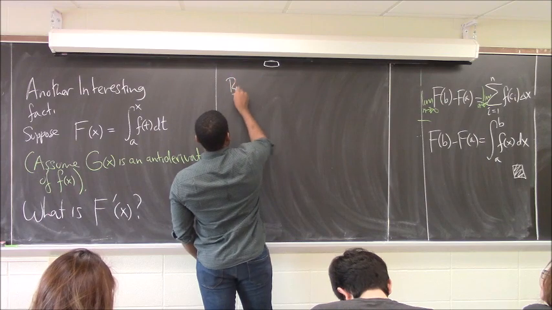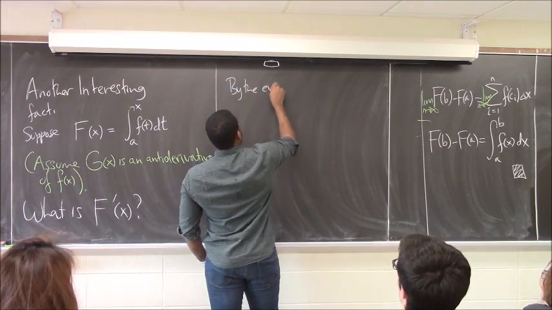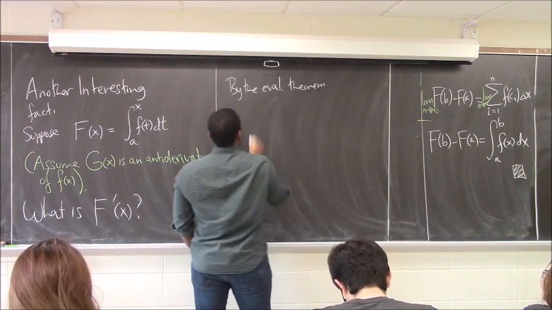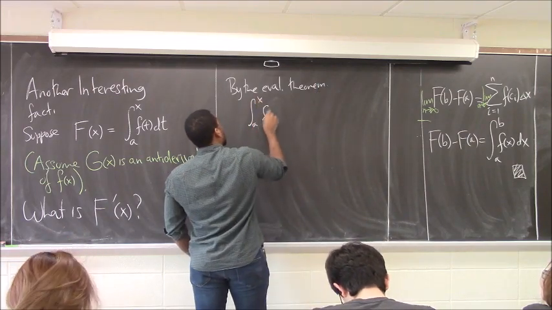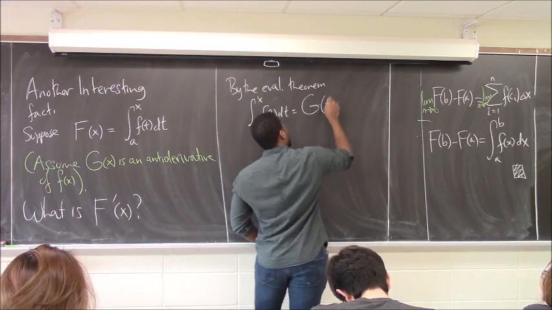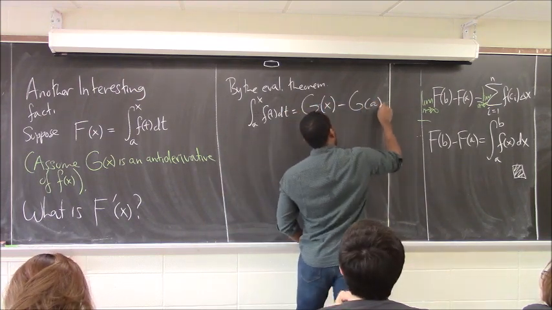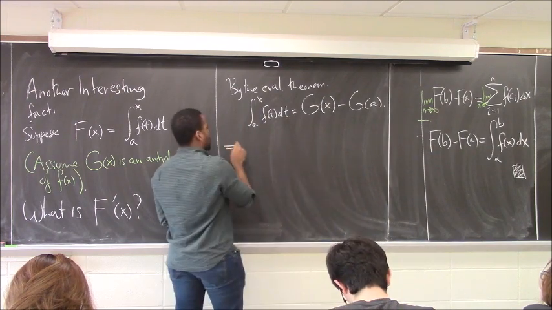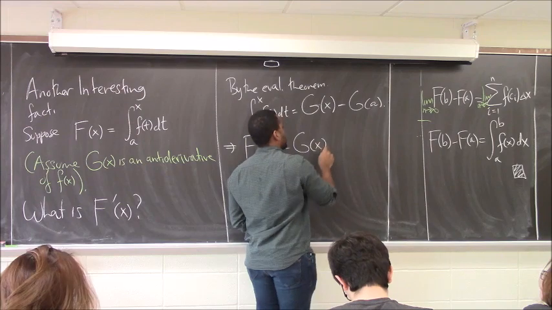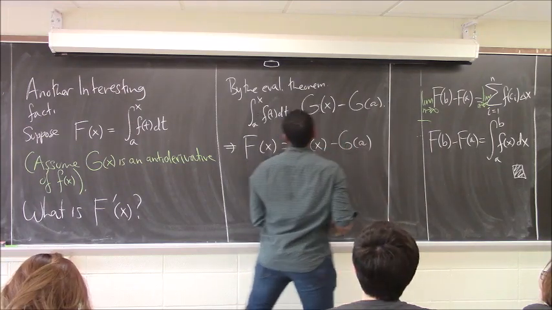Now, by the evaluation theorem, this guy is actually equal to big G evaluated at x minus big G evaluated at a. In other words, my big F is going to be big G evaluated at x minus big G evaluated at a.